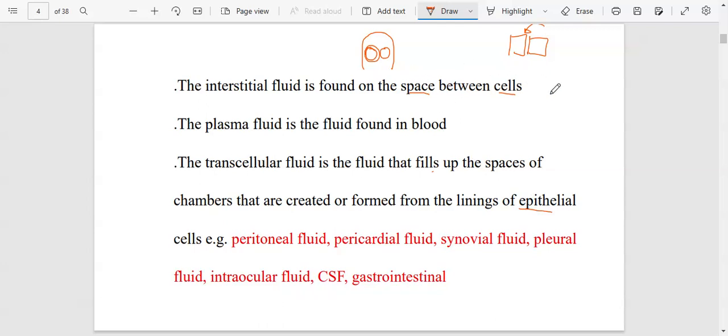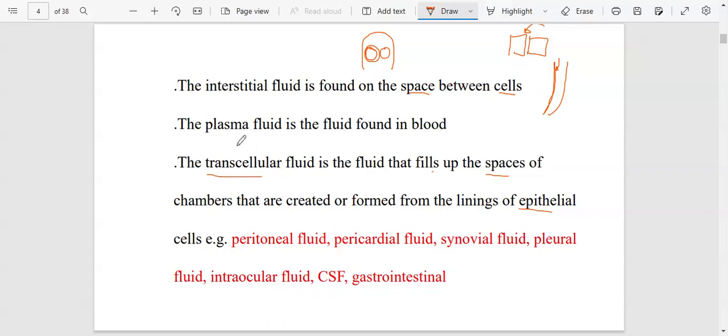Just like also the digestive system: just where the food is going to be passing, this lining is covered by cells. Those cells we call epithelial cells. And now, the fluid that is found in the spaces of those chambers is what we call the transcellular fluid.